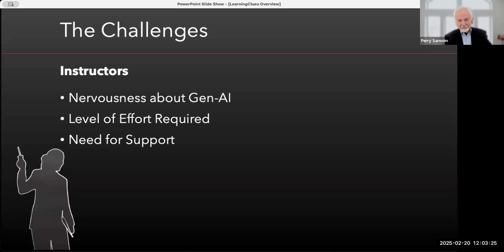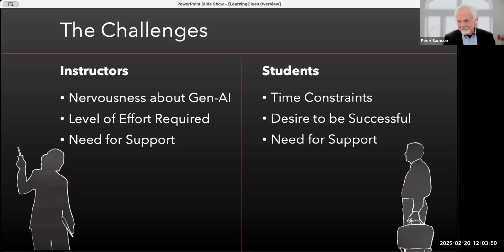I also know as an instructor myself that we have plenty to do already, and the idea of adding new technologies in the classroom can be daunting. So are there ways that we can do this in a very fruitful way that don't necessarily require the instructor to do a lot of work? I'm out to protect the instructor here.